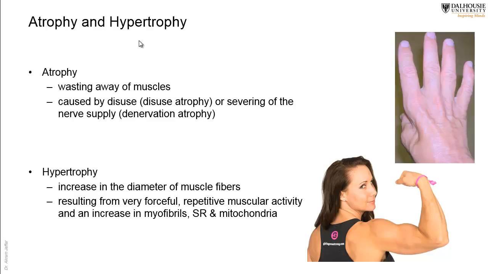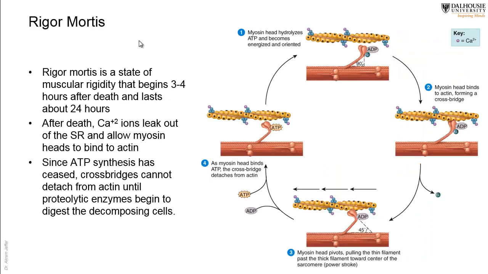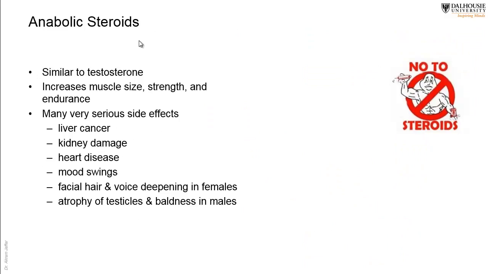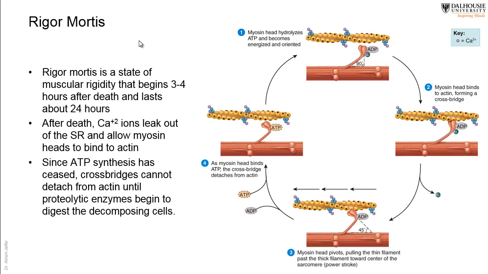Skeletal muscle fibers can increase in size, as I mentioned, and this is called hypertrophy, or they can decrease in size, and this is wasting or atrophy. And I mentioned rigor mortis as well, and what else we have?